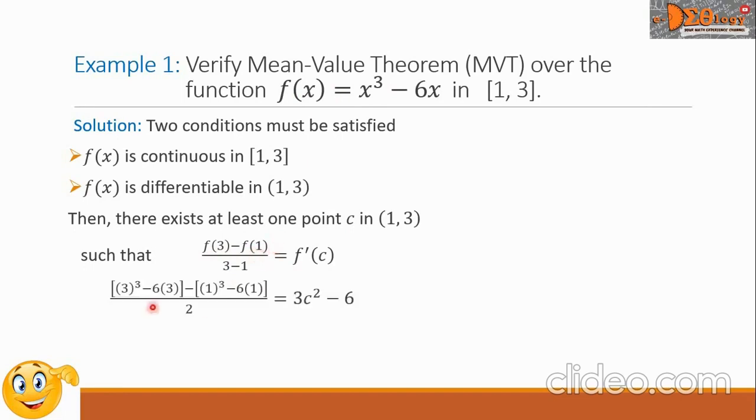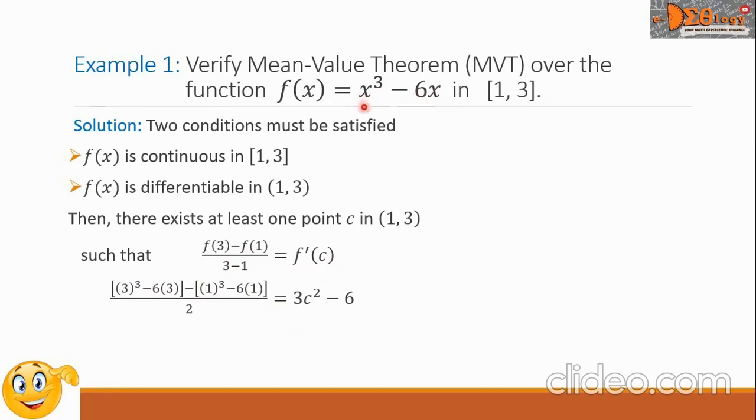Evaluating now, we have this f of 3 becomes 3 cubed minus 6 times 3 minus the f of 1. Our f of 1 now is 1 cubed minus 6 times 1 all over the 3 minus 1 is 2 is equal to the right side is f prime of c.